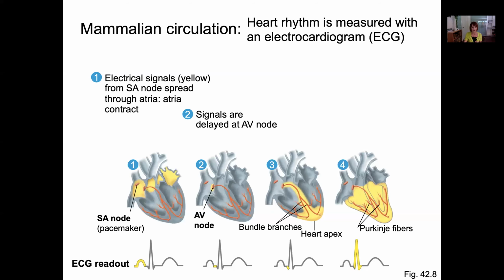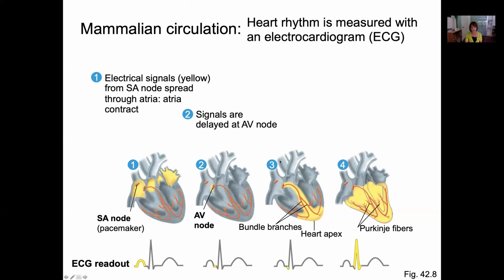And then the activity at this node, the AV node, is what causes this very brief delay in ventricular contraction. And so what this does is it allows all the blood coming from the atria into the ventricles on both sides to empty in there before the ventricular contraction.